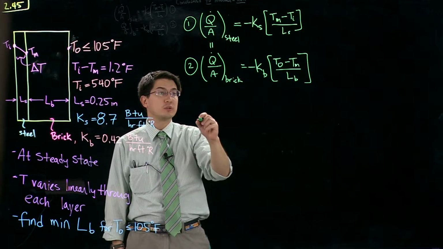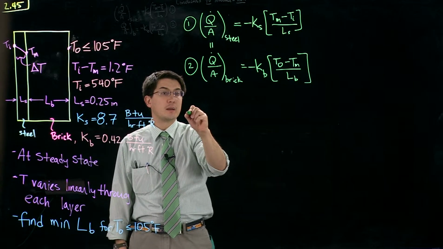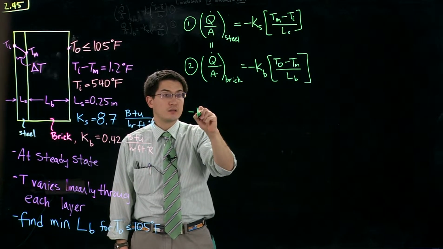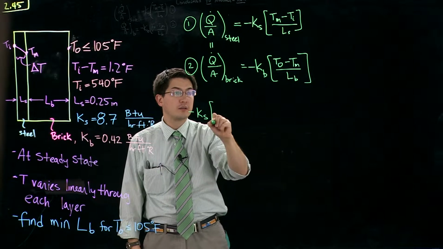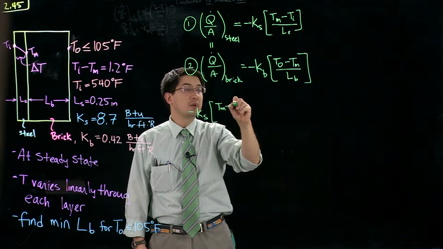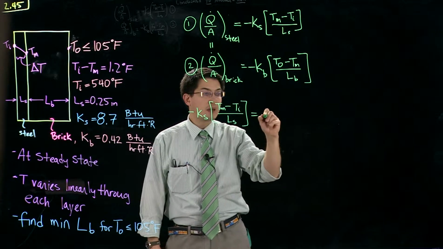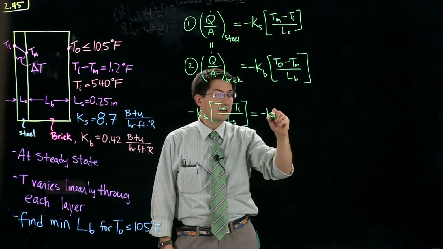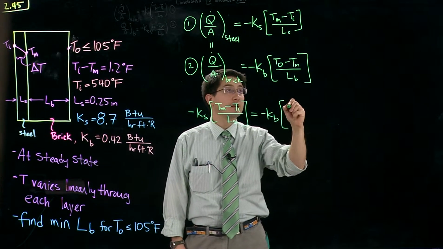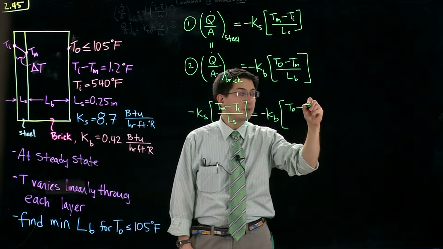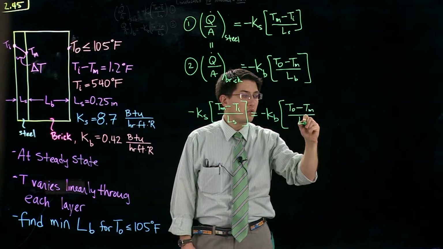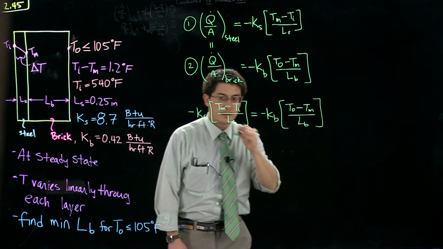So let's set these two equal: minus Ks Tm minus Ti over Ls has to equal minus Kb T naught minus Tm over Lb, like so.